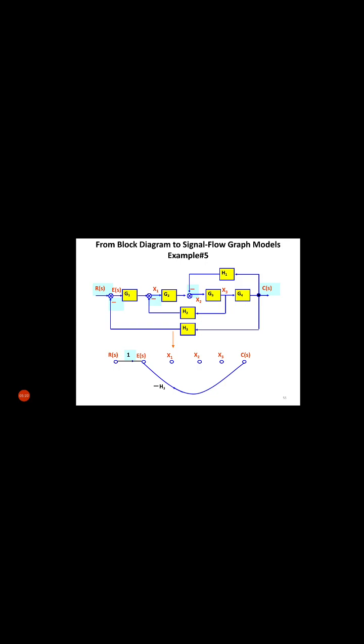In E(s), two signals are coming: one is R(s) and another is H3, and this is negative feedback, that's why minus H3. In X1 also two signals are coming: first is G1 and second is minus H2.